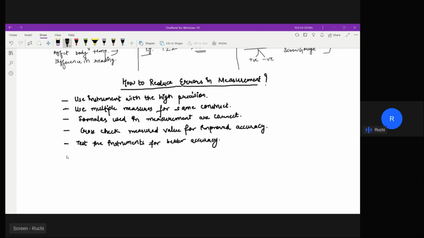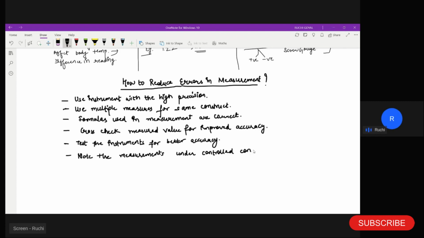Okay, and you can check key measurements are under controlled conditions, note the measurements under controlled conditions.